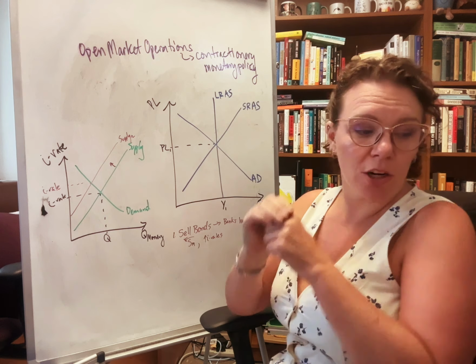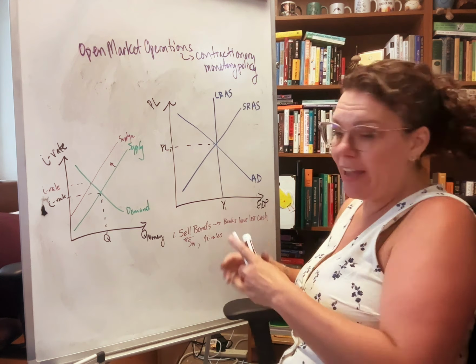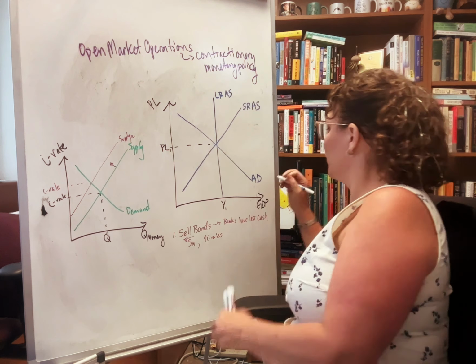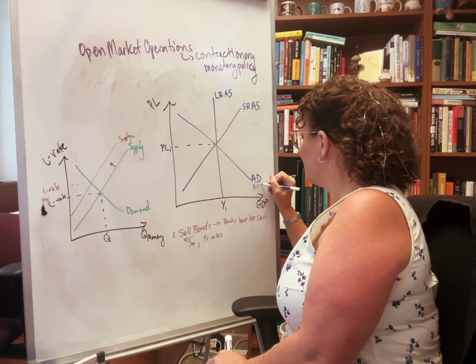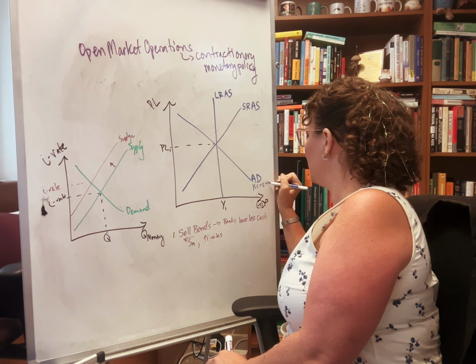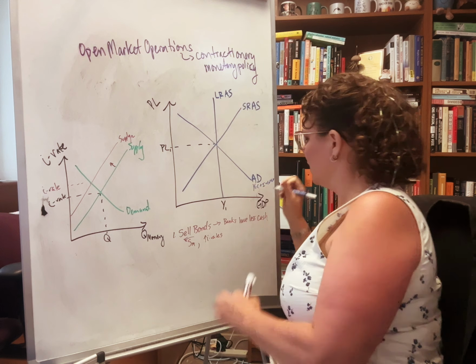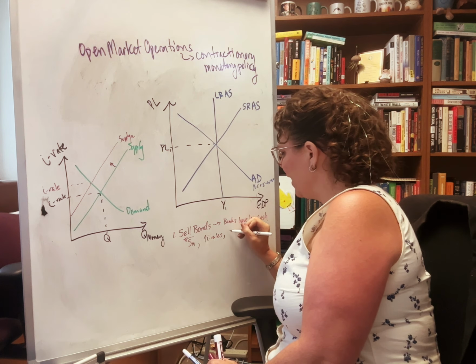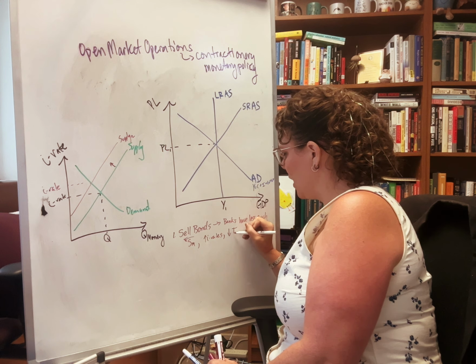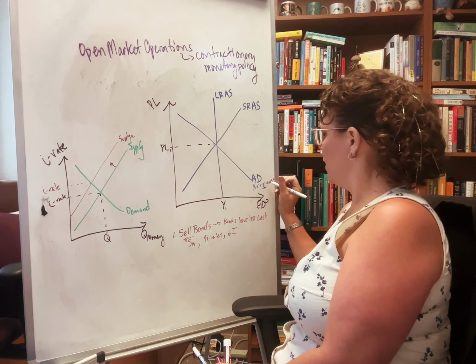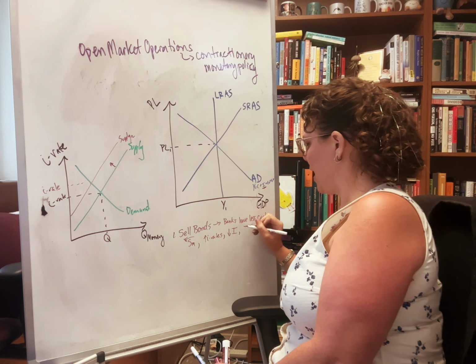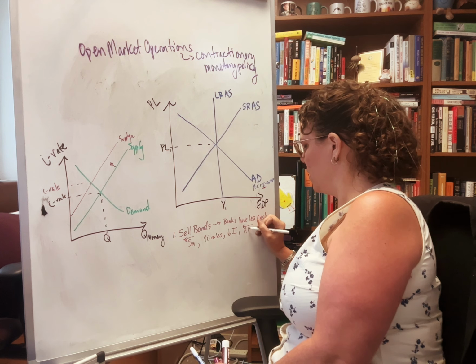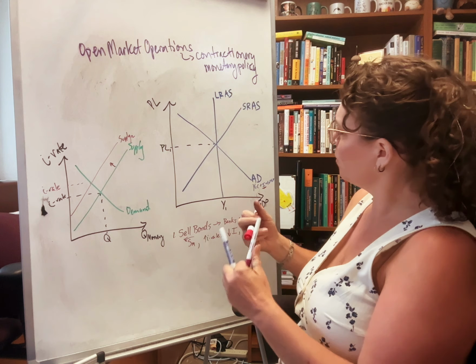Increased interest rates are then going to have an effect on our friends over here at Y equals C plus I plus G plus NX. Higher interest rates are going to mean less investment spending. I is going to go down, and that's going to mean that aggregate demand shifts in.